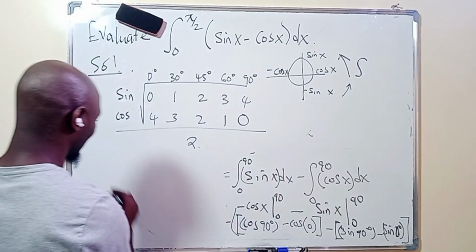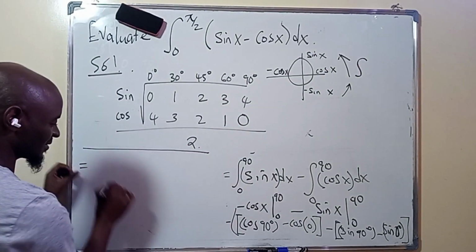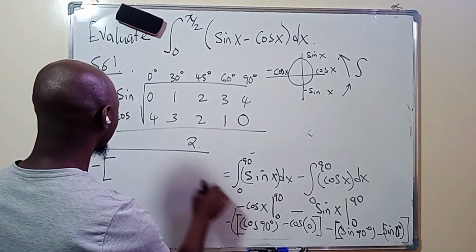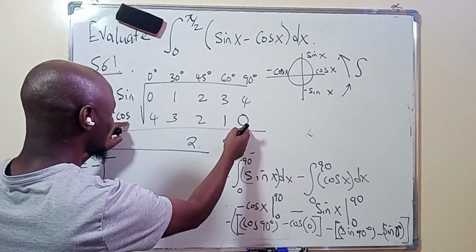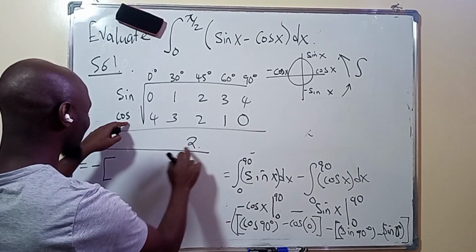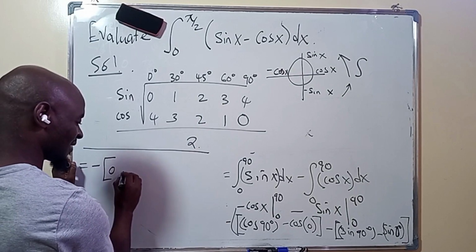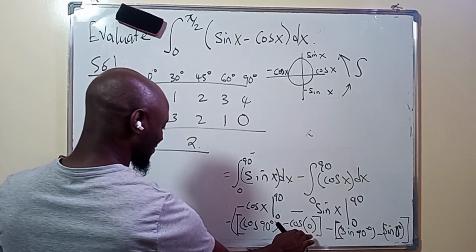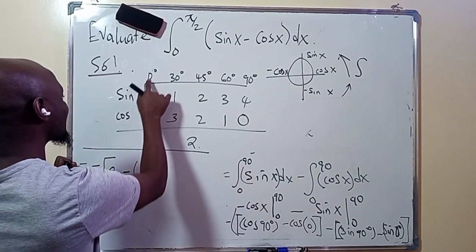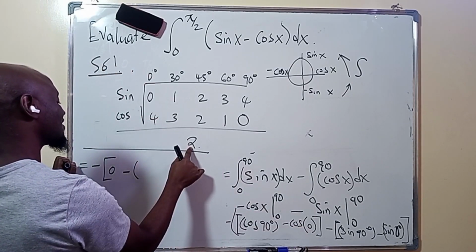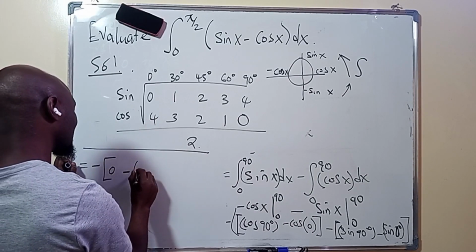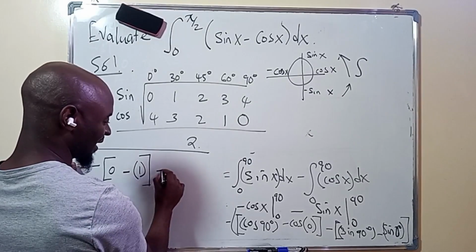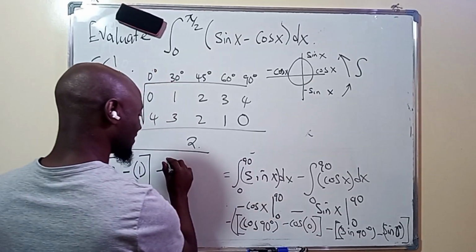So we come here. This will be equal to minus cos 90 degrees. Cos 90 degrees will be square root 0 divided by 2, which will be 0, minus cos 0 degrees. Cos 0 degrees will be square root 4 divided by 2, which is 2 divided by 2, we get 1. Minus sine 90 degrees.